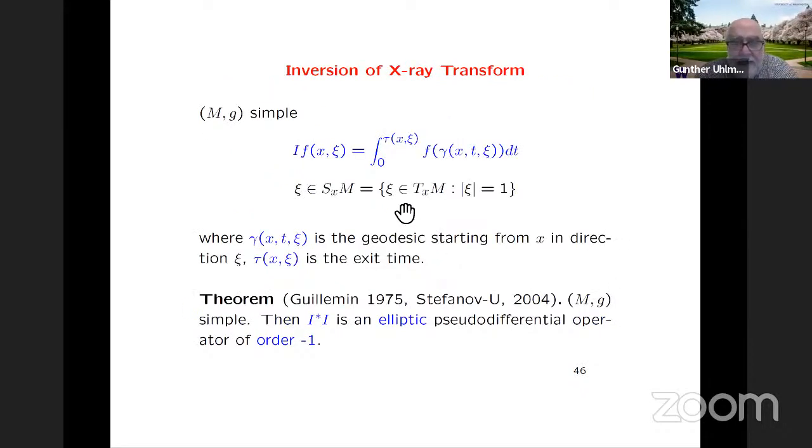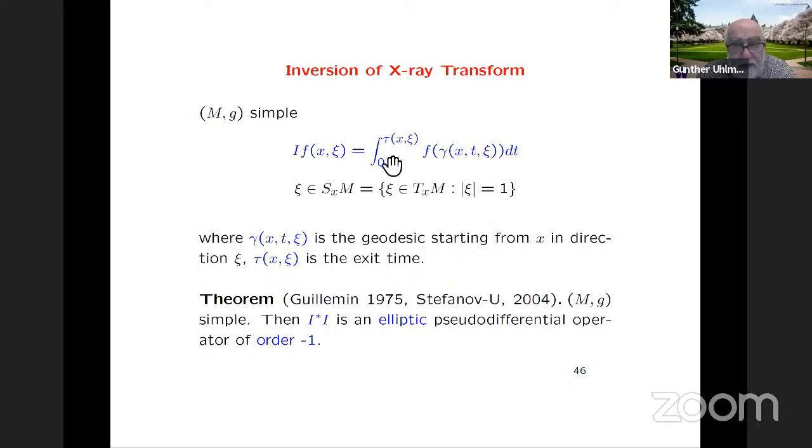And in the case that the manifold is simple, you consider the geodesic X-ray transform. I don't know whether Uhlmann talked about this. You integrate a function along a geodesic that goes through the point X in the direction T until the exit time.